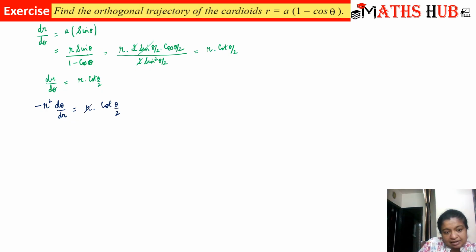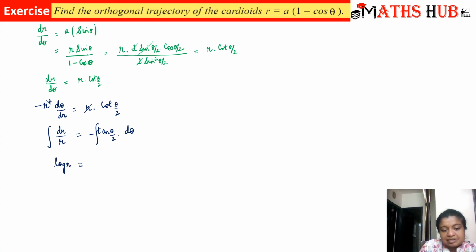So one r gets cancelled and now let's separate out the variables. So you will get dr by r is equal to d theta by cot theta by 2, so that can be written as minus tan theta by 2 d theta. So now we can integrate both sides and on taking the integral, we'll get log r. Now what is the integration of tan theta by 2? You can write tan theta by 2 as sin theta by 2 by cos theta by 2, and you can see that by the substitution method, if I substitute cos theta by 2 equal to t, I'll get the derivative as sin theta by 2.